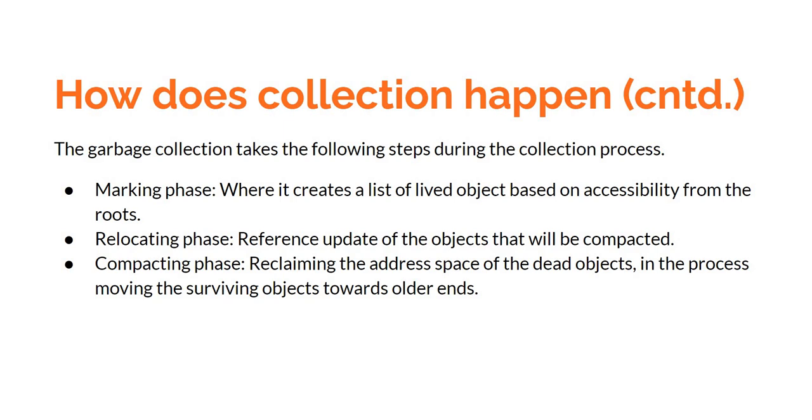Hence, it updates the references. The third phase is called the compacting phase. This is where it reclaims the address space of the dead objects and in the process moves the surviving objects towards the older end of the generation segment.